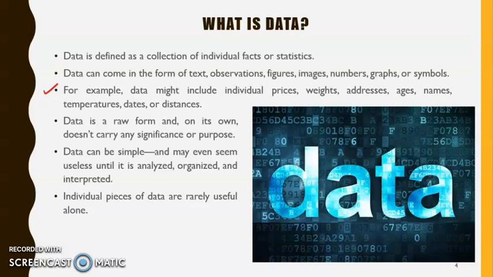But the main point about data is that data is a raw form and on its own doesn't carry any significance or purpose. For example, if I show you a page that has 100 names, it doesn't have any significance.